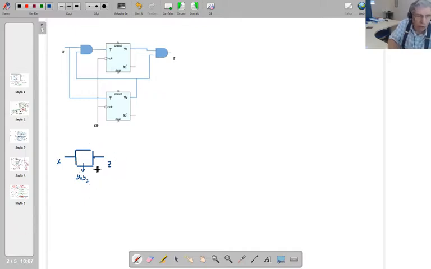So for this one, we said we are going to find out the three models. One of them is the mathematical model. The second one is the state table. And the third one is the state diagram.